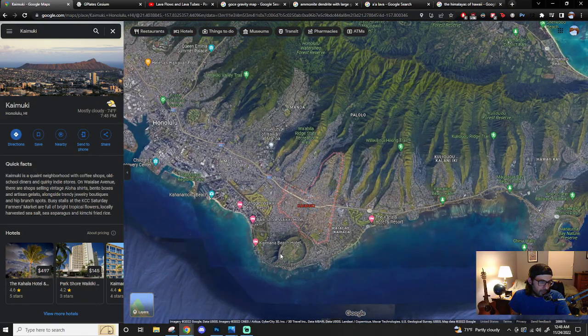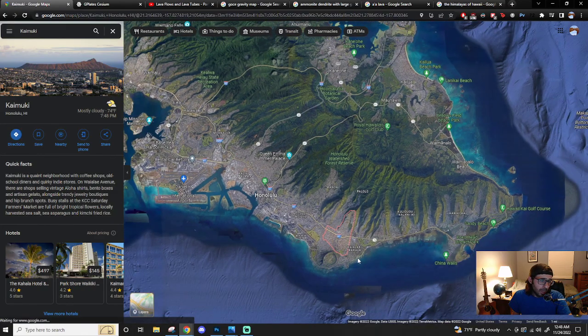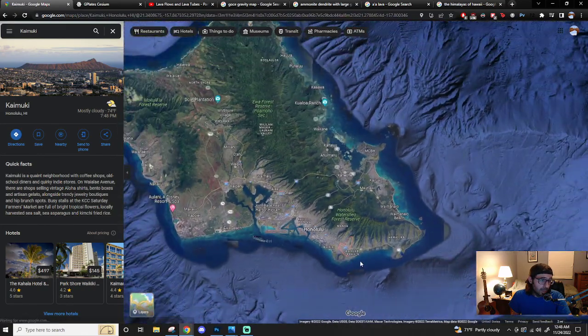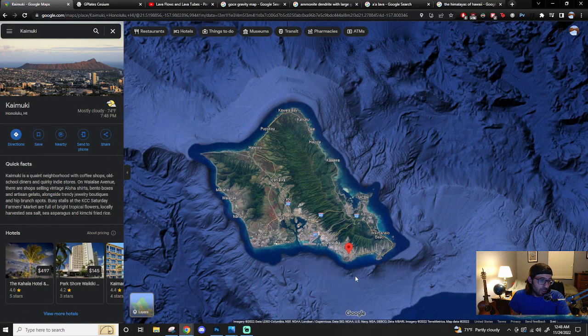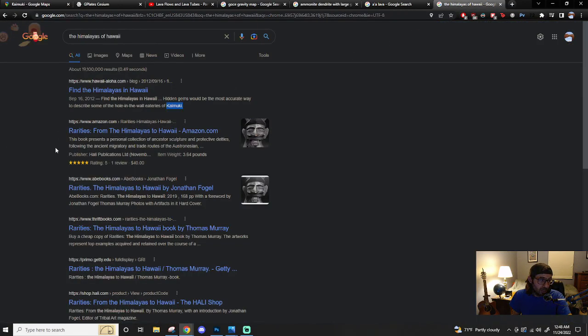Maybe something of that nature makes it Mount Everest, on top of just being on the same island as the Himalayan equivalent.